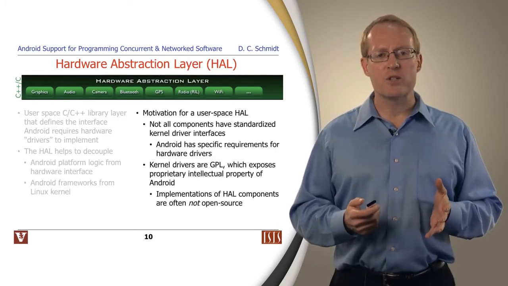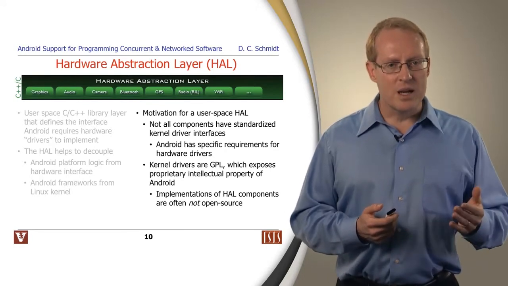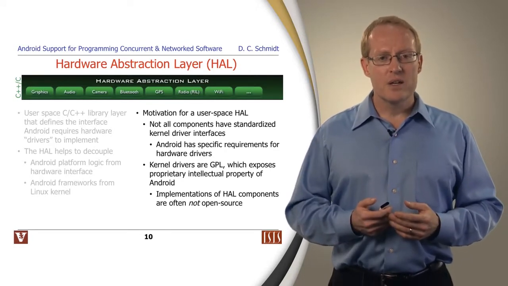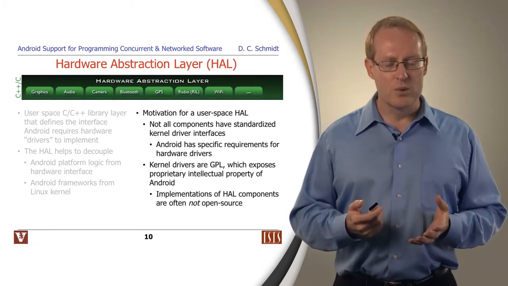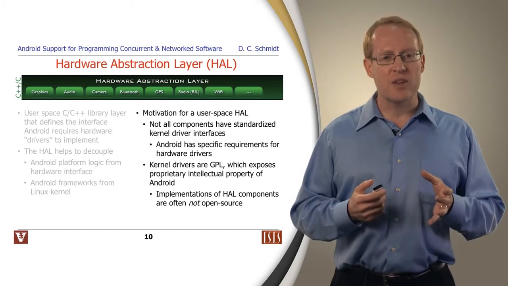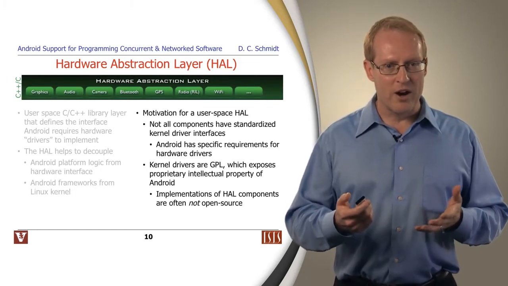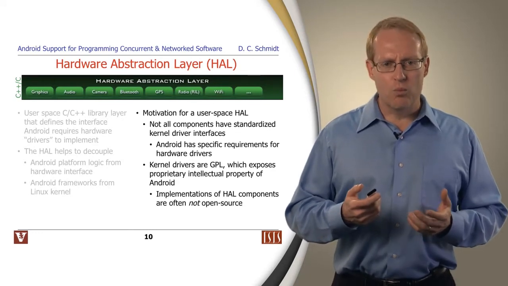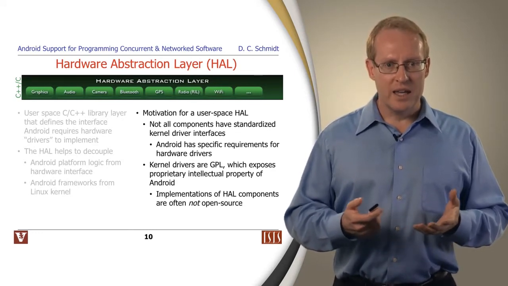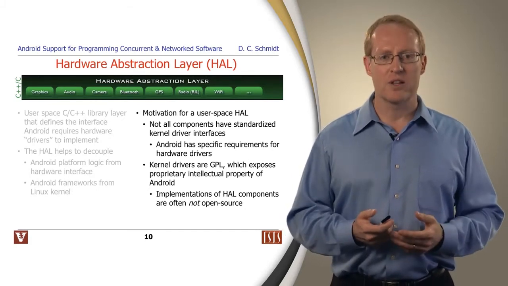There's a couple motivations for having a user-level hardware abstraction layer in Android. Some technical, some non-technical. Some of the technical reasons for having a user space HAL, or hardware abstraction layer, are because some of the capabilities that Android needs to provide to the upper layer middleware and applications really aren't broadly supported in a standard way inside the Linux kernel device drivers, things like the radio interface layer that's part of Android.